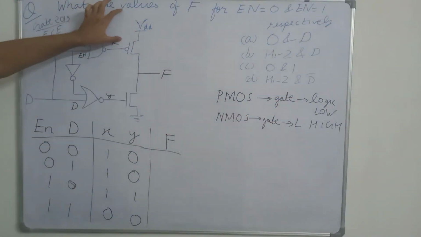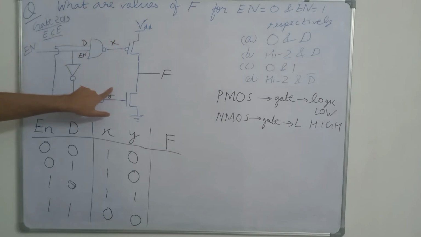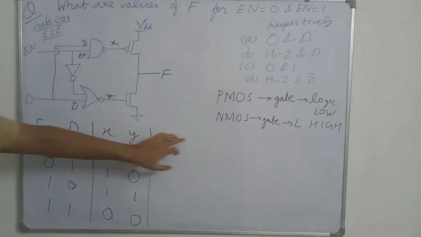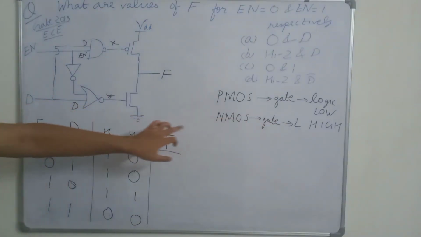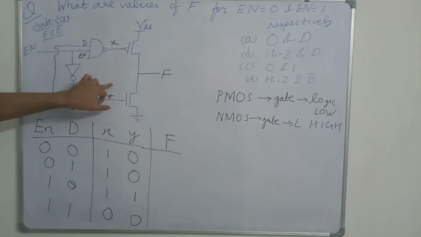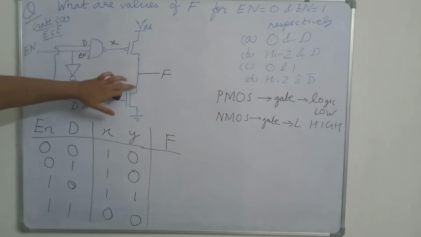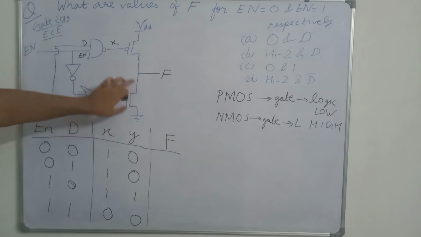And NMOS also does not conduct because NMOS conducts when gate is at logic high. So when neither PMOS nor NMOS conducts, then output is open circuit. Output is neither connected to supply nor to ground.